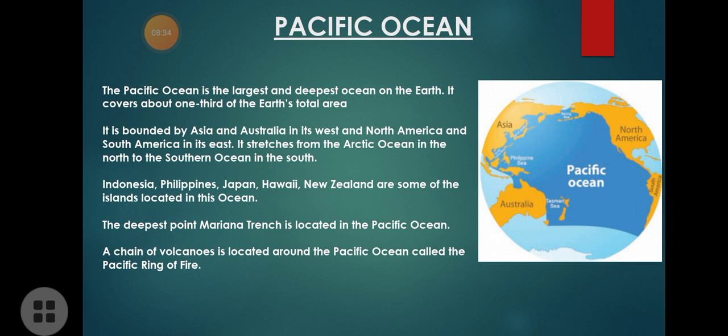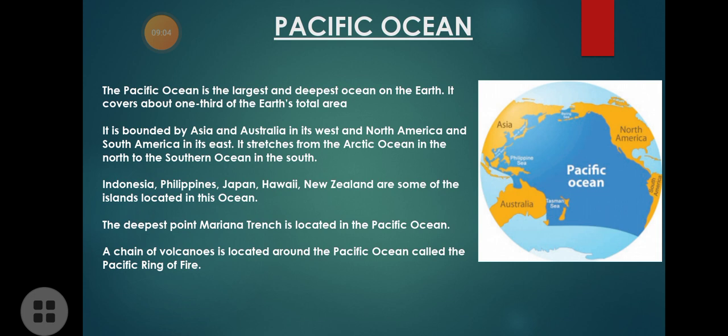So one third of our earth is covered with the Pacific Ocean. What are the boundaries of the Pacific Ocean? Look at the picture on the right side. Here we can see the boundaries of the Pacific Ocean. Asia in the west, Australia in the north, North America and South America in the east.